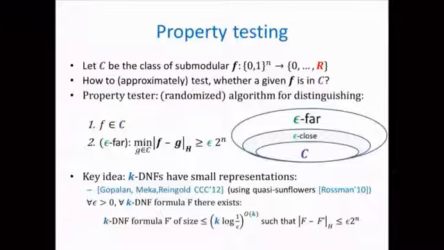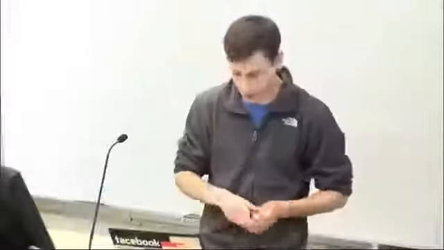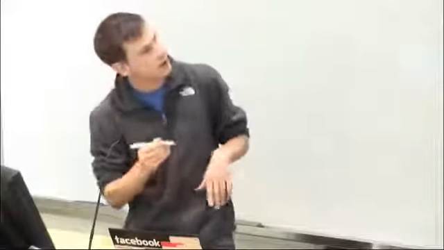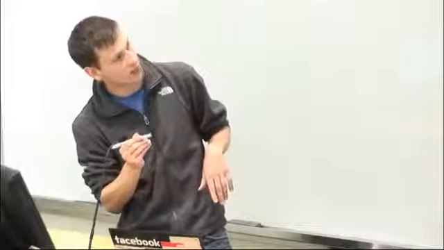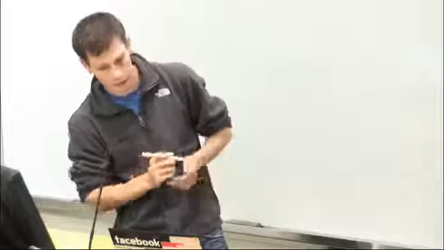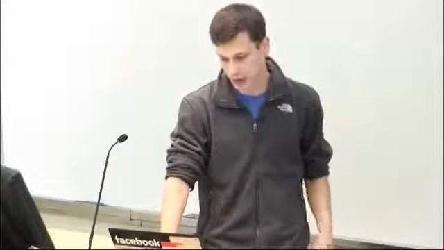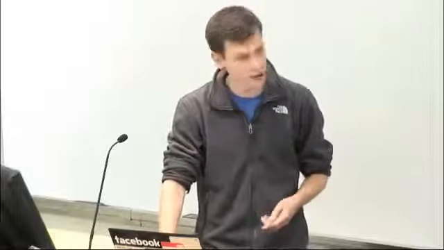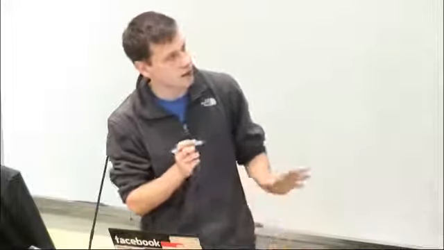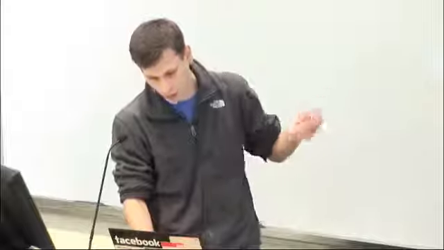Another application that I want to show is to the area of property testing. Again, let C be the class of submodular functions which take r values. Now I want to solve a somewhat simpler problem. Instead of trying to approximate the function everywhere, or on a 1 minus epsilon fraction of points, I want to ask the following question.